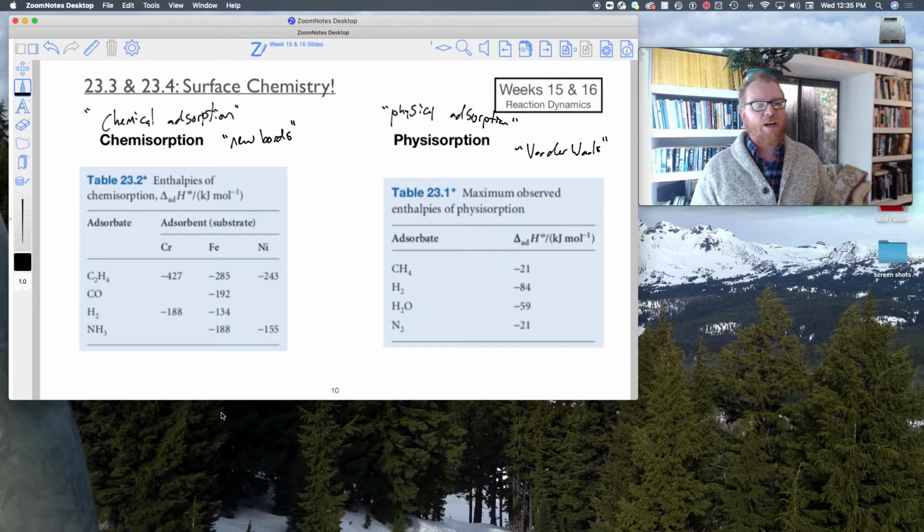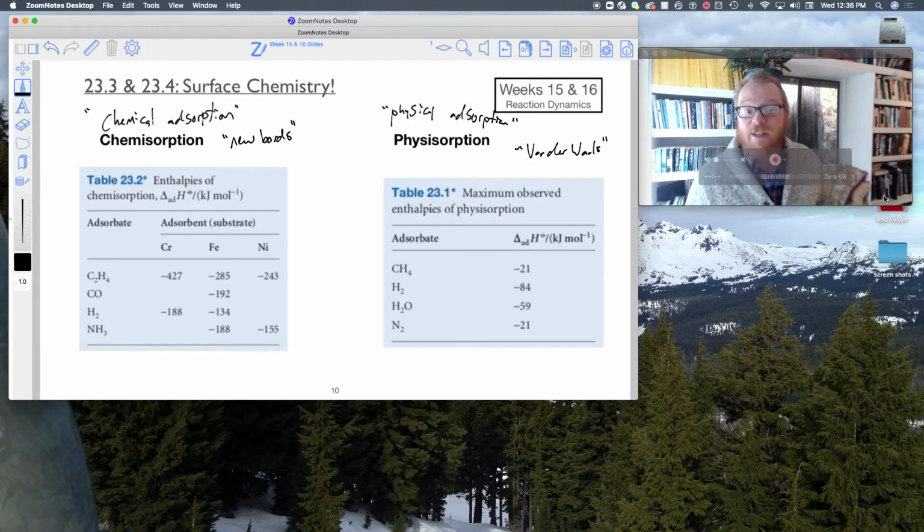So you can see here just a few examples of the adsorbent substrate, so the surface, okay, and the adsorbate, so like a chromium surface or an iron surface or a nickel surface. And if we look at these enthalpies, they're quite large when you look at the enthalpies of physisorption.